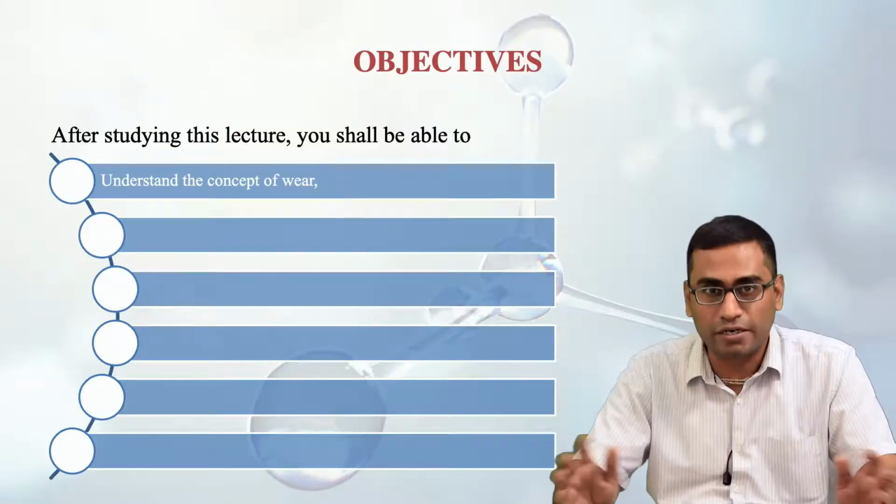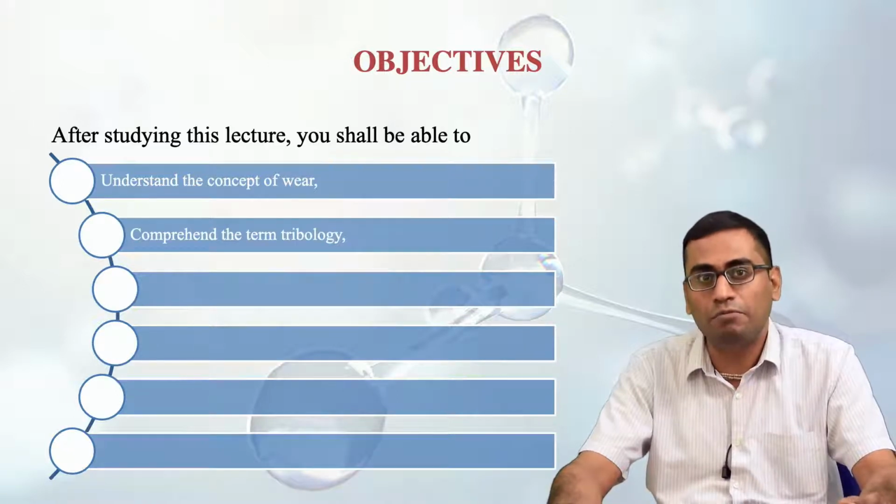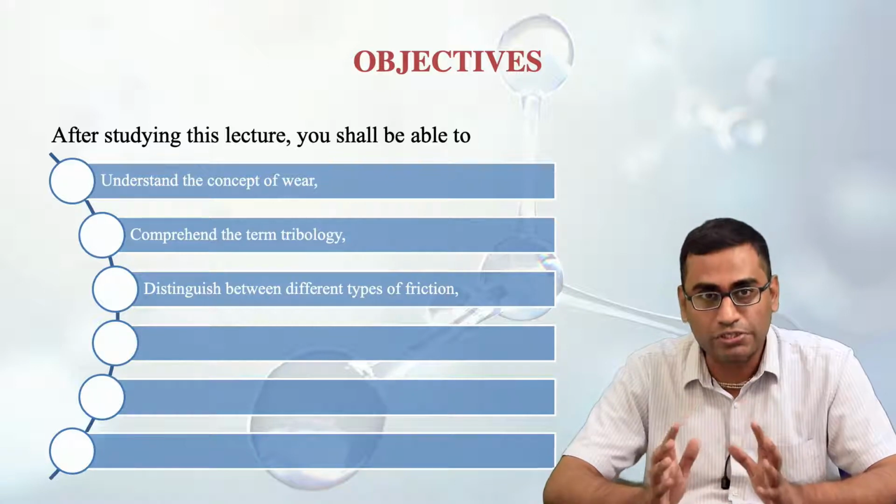Before going into the concept of wear, let me give you the objectives of this particular unit, and these objectives are for the whole unit and not for this session only. First of all, you will be able to understand the concept of wear, then comprehend the term tribology, and distinguish between different types of friction.